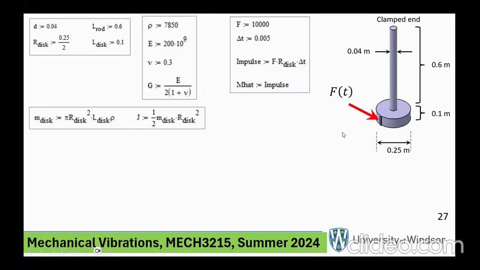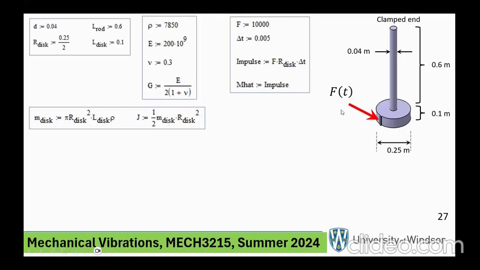Now let's find the mass of the disk. The mass of the disk is pi times the radius of the disk squared times the height of the disk times the density. Okay, and this is the mass of the disk, and J of this disk is 1/2 m of the disk, radius of this disk squared. So m of the disk is right there, based on the numbers that you got.